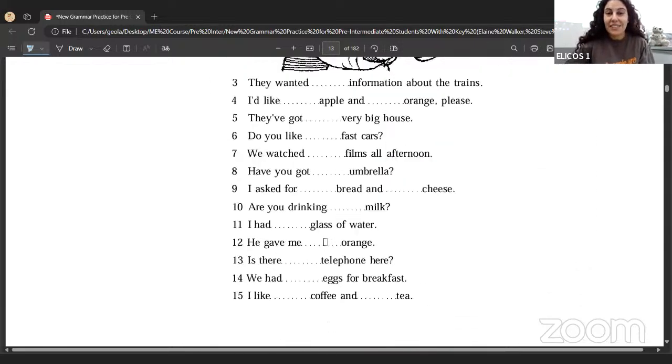Okay, so we're going to go starting with Javiera for number 3. Do you want to read it? So no article. They wanted information about the trains. We know because this is uncountable. 4, Deeper. I like apple and orange, please.